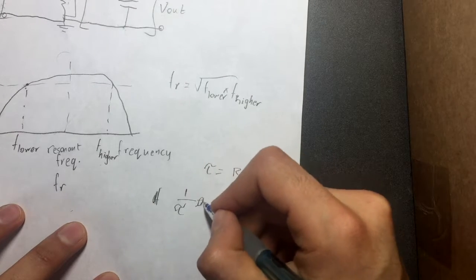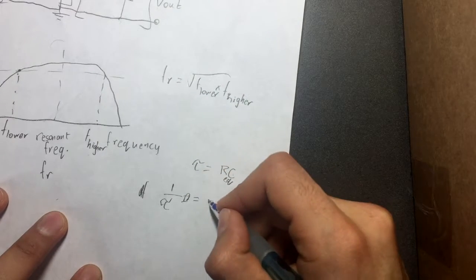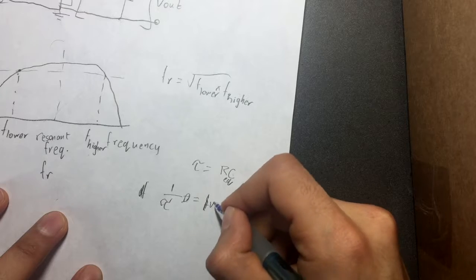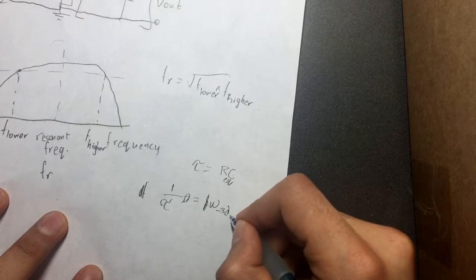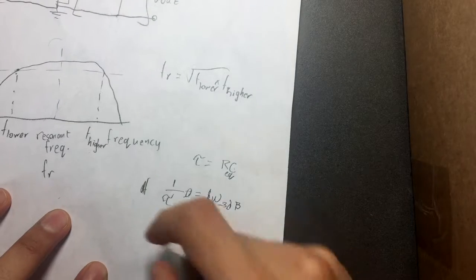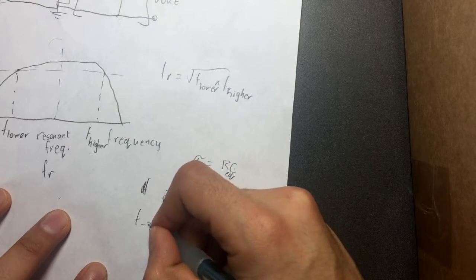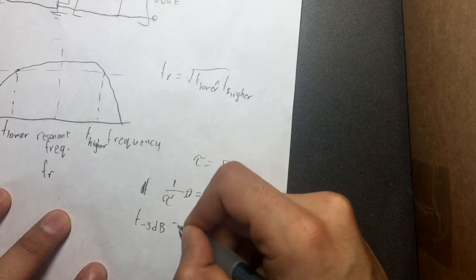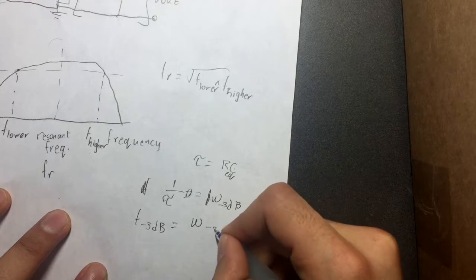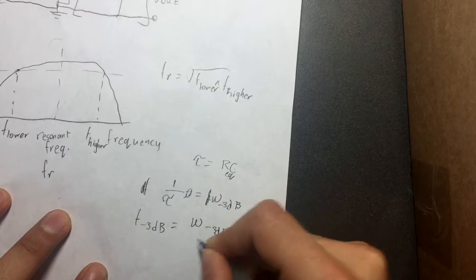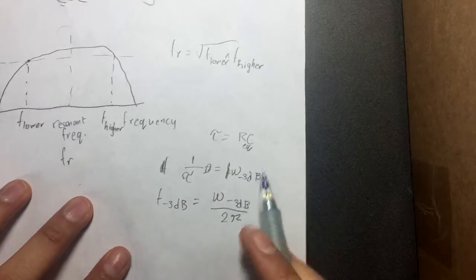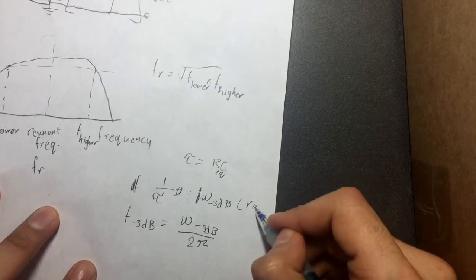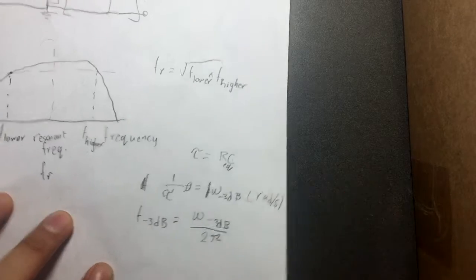As soon as we find this, we find the frequency omega at -3 decibels. And in order to find the F at -3 decibels, it will be equal to omega at -3 decibels divided by 2 pi, since omega is in radians per second.